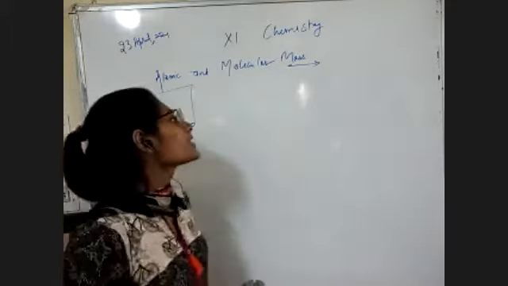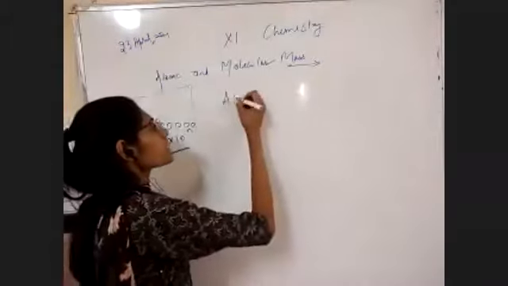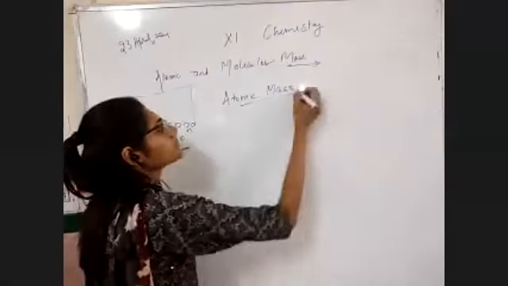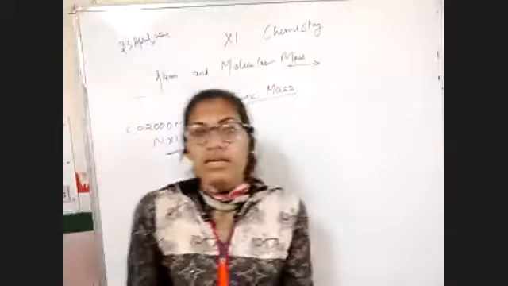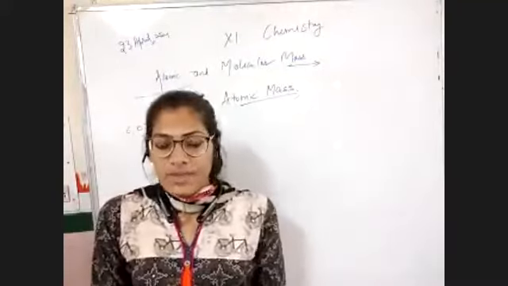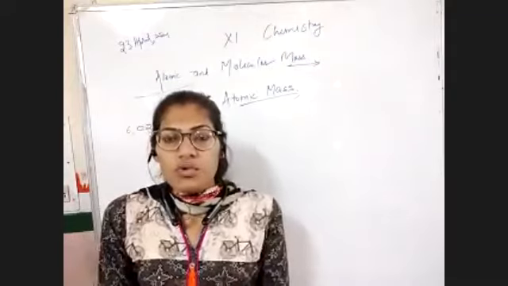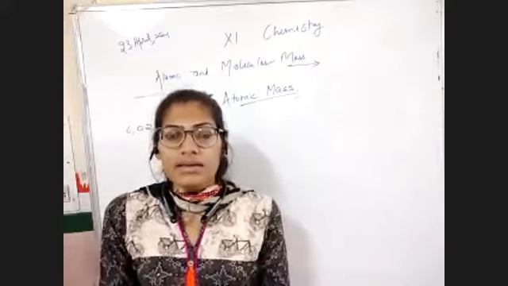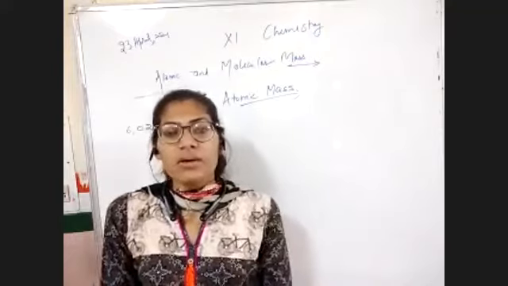So now the point is what atomic mass actually is and how we need to study it. Atomic mass, as we have studied, is basically the mass of an atom present in the whole matter. I repeat, the mass of an atom present in the whole matter.